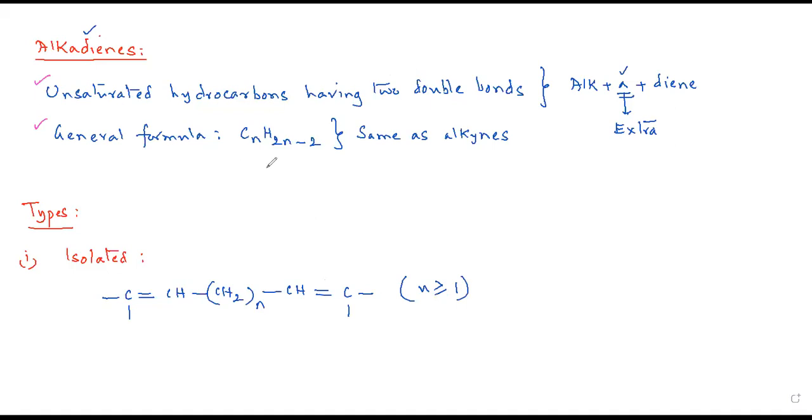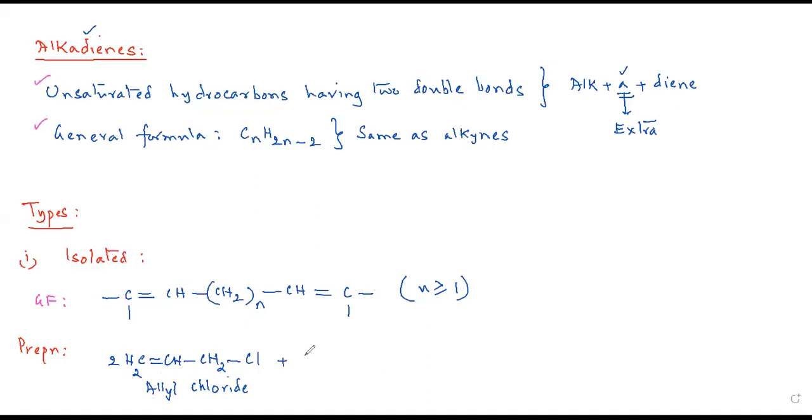This is the general formula of isolated dienes. Let me give you a preparation method of these isolated dienes. Consider allyl chloride. So this is allyl chloride. Take 2 molecules of that.